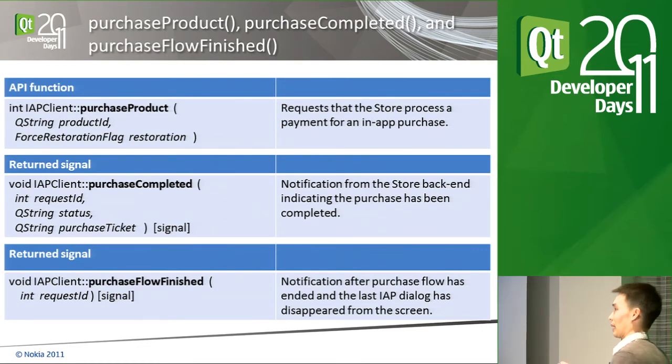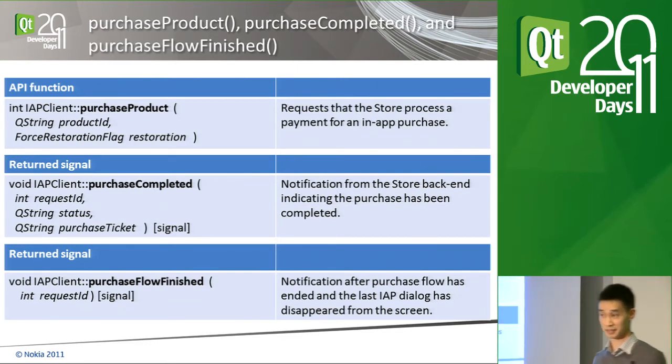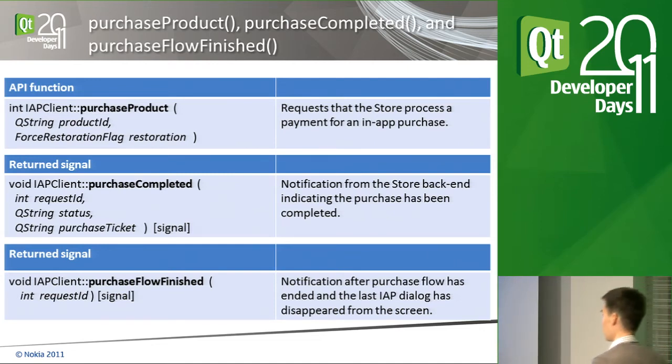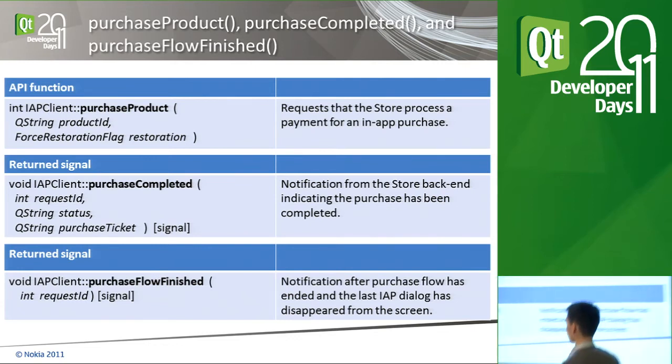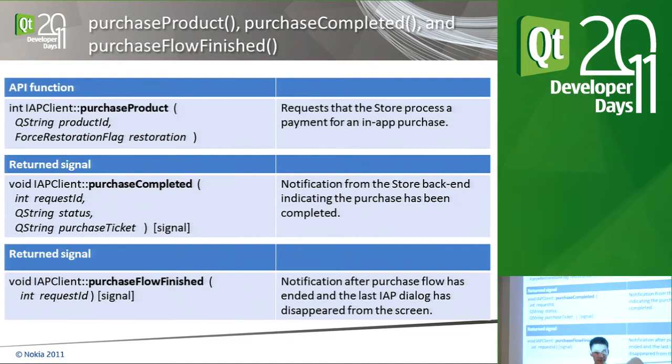So with the purchase product call, you get 2 corresponding signals. First of which is purchase completed. And in the purchase completed, you will get a purchase ticket, which is just a string that's base64 encoded.